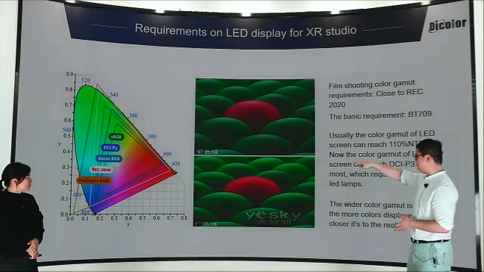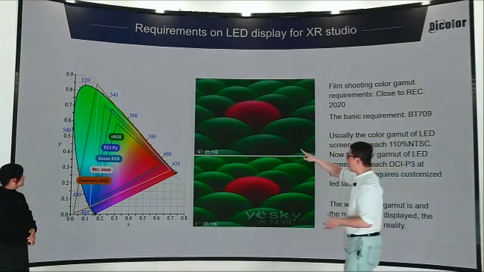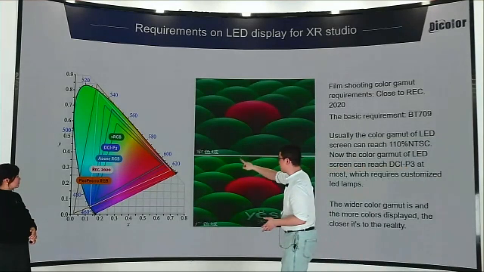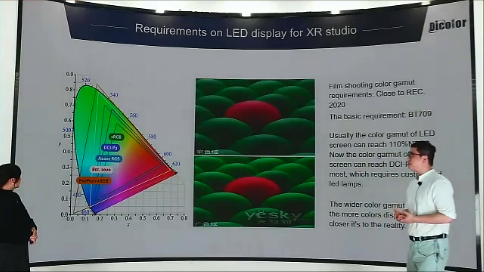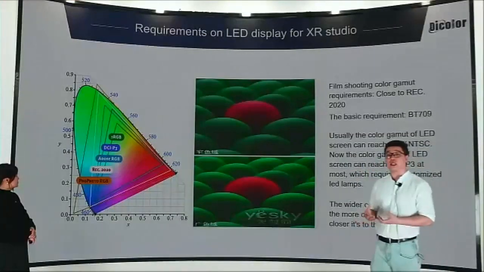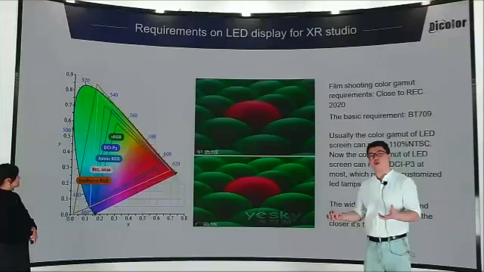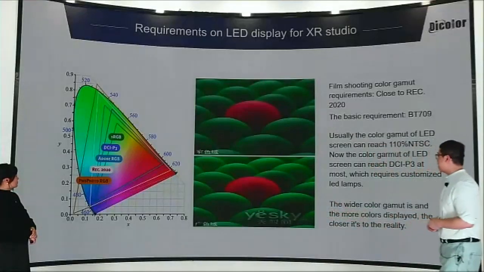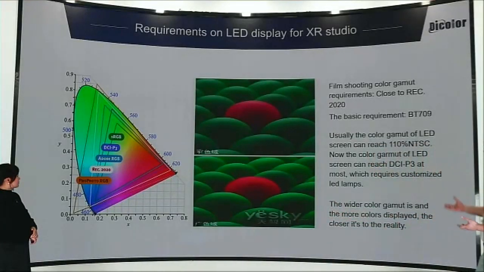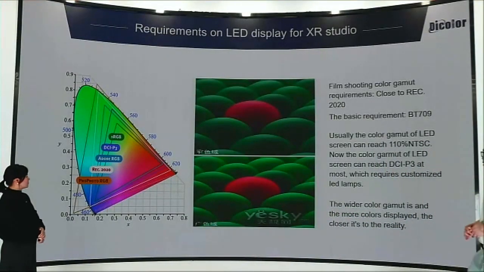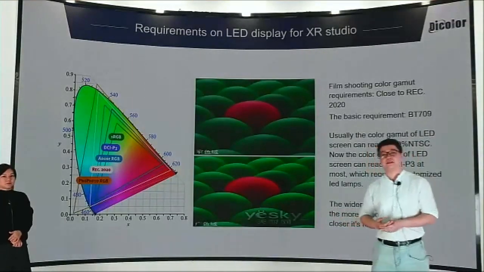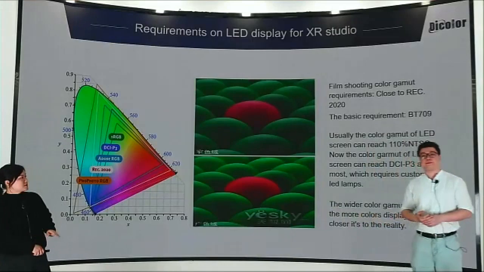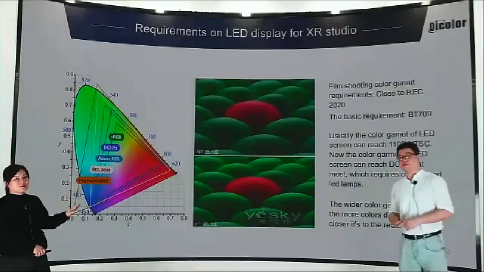From that graphic, you can notice the range of the standard DCI-P3, which requires customized LED lamps, because it needs bigger viewing angles. The wider the color gamut is, the more colors are displayed, and the closer it is to reality. So this is the requirement for the color gamut.